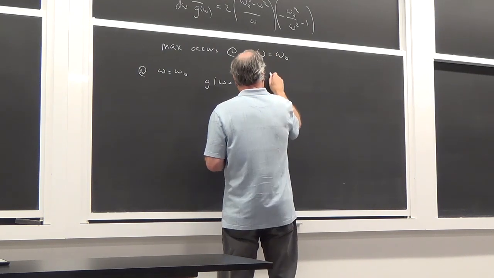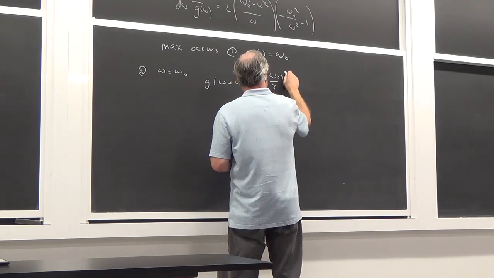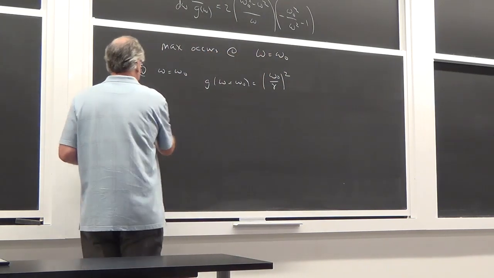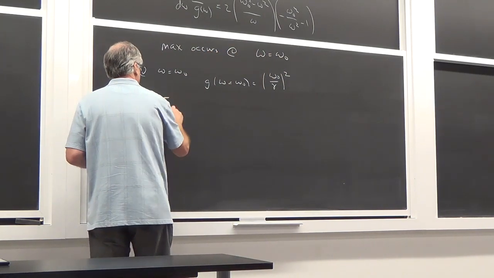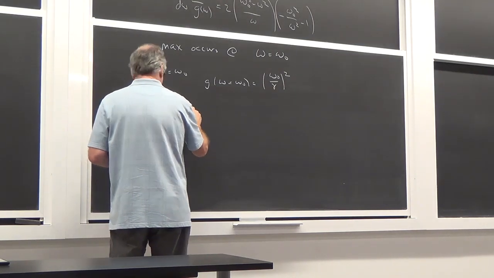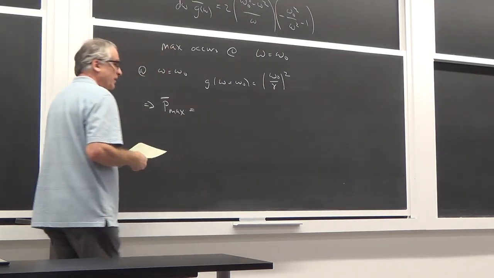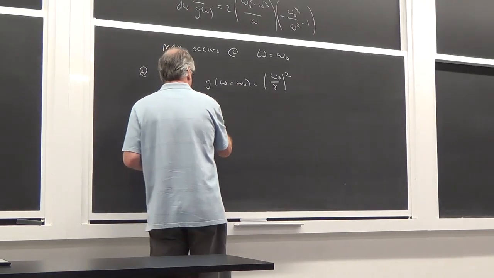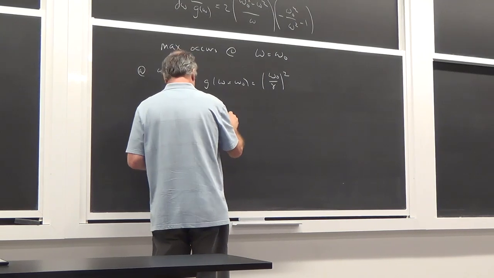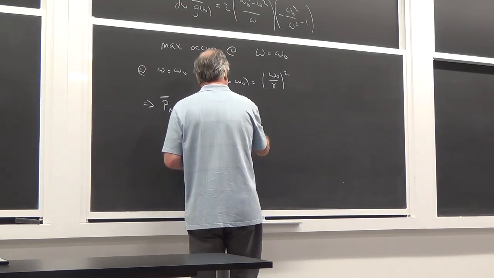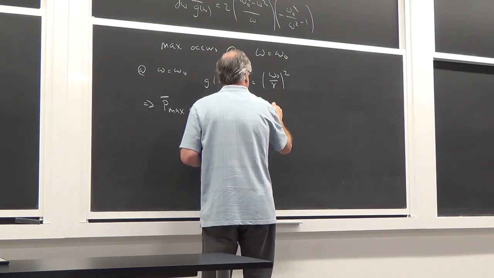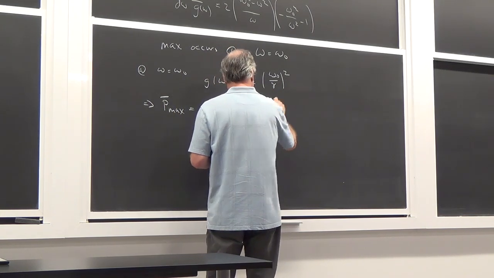So this becomes omega naught squared over gamma squared. And so therefore, the maximum power, at the frequency omega naught, is equal to 1/2 gamma m a squared omega naught squared times omega naught squared over gamma squared.